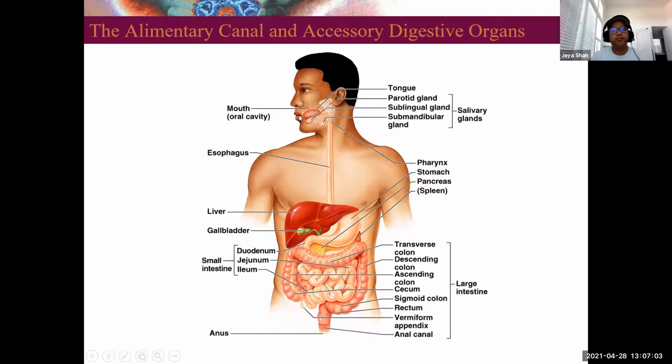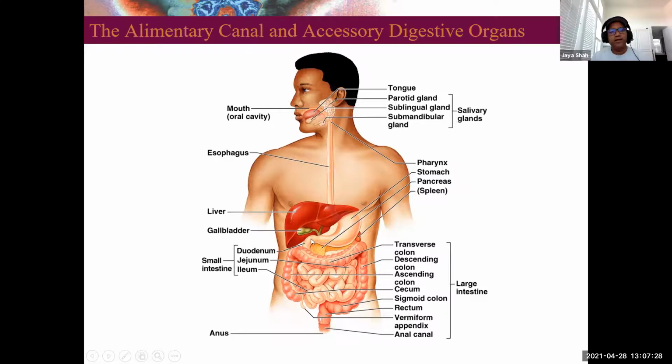Here is the mouth, and here is the pharynx. Pharynx continues with the esophagus. The esophagus is in the thoracic cavity. Now it passes through the diaphragm behind the liver, gets into the abdominal cavity and then enlarges. That enlarged lower part of the esophagus is called the stomach.